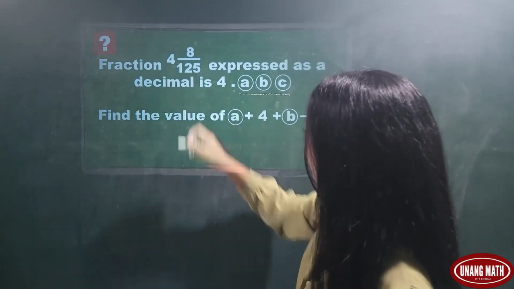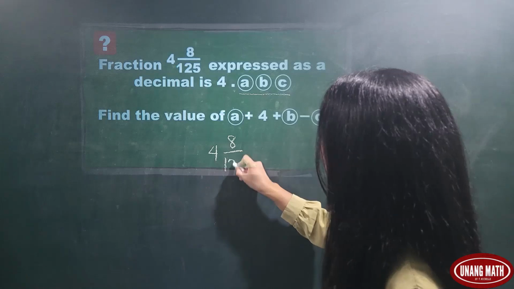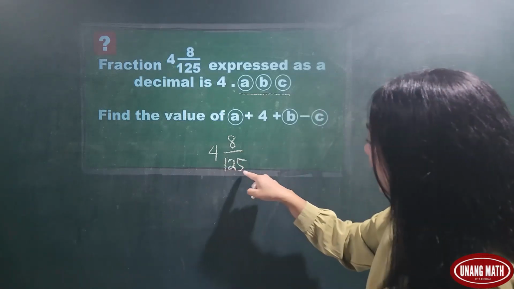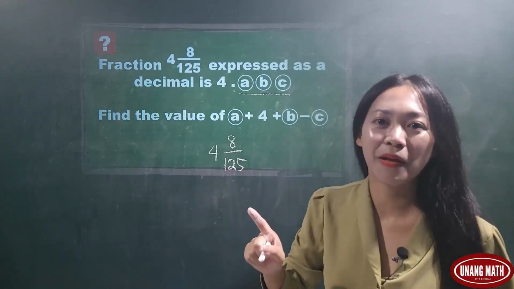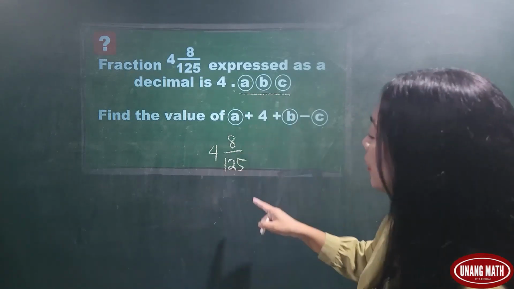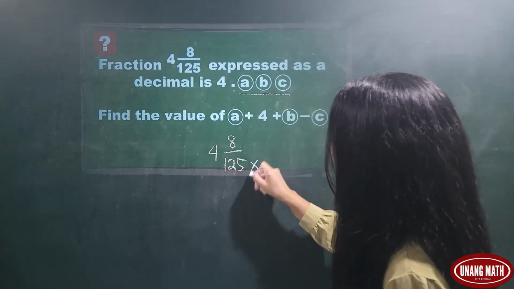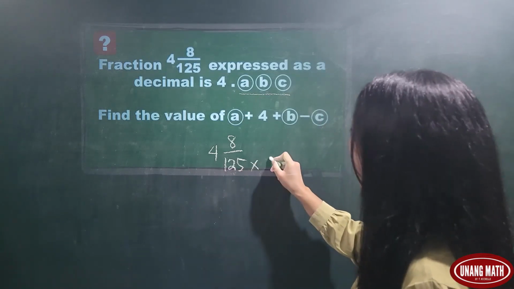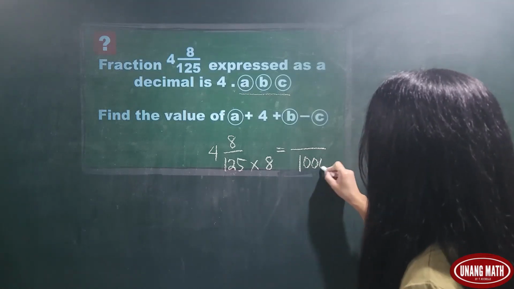Okay, kunin natin ang fraction na 4 and 8/125. Okay, kailangan ang fraction na ito, kapag i-convert as decimal number, it should be a 3-digit decimal number. So, ang 125, i-multiply natin ito sa 8. Okay, para makuha natin ang denominator na 1,000.